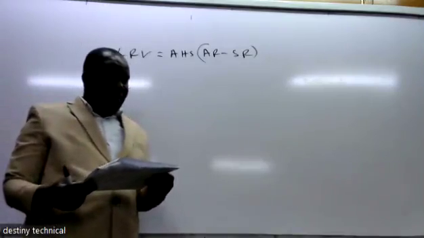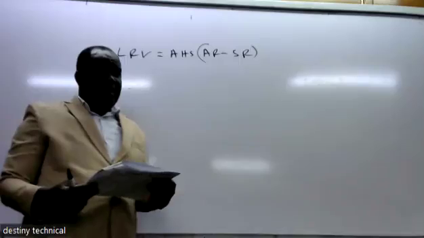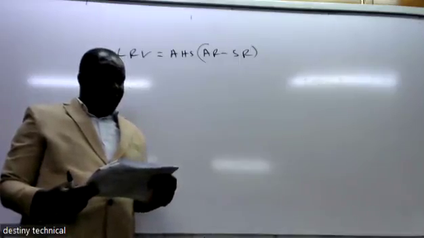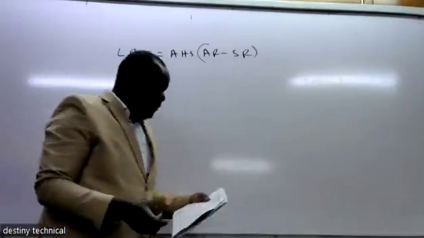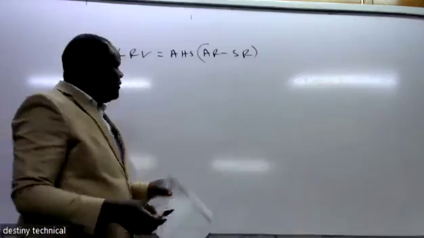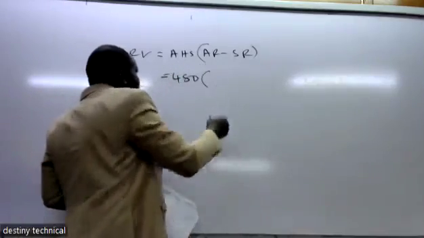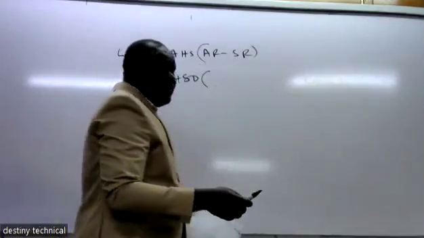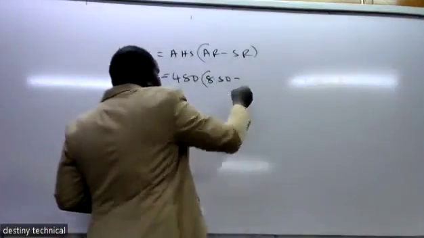Actual hours were given. You can see the actual wages: actual wages for 480 hours at 8.50 per hour. So the actual hours are 480, and the actual rate is 8.50.